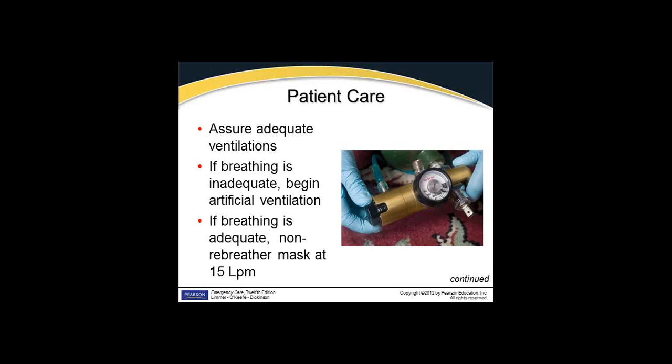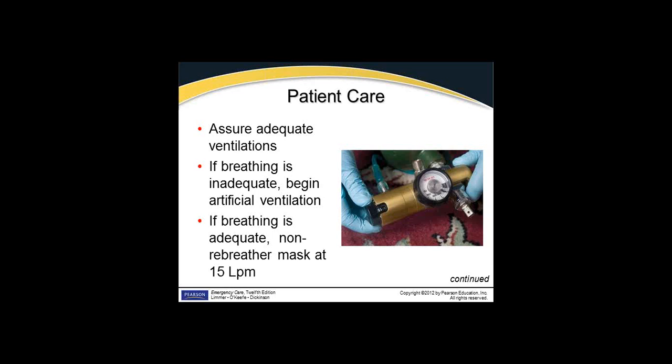If they cannot do this, then you have to ventilate them. If you can get away with not ventilating them because their respiratory efforts are sufficient, then you need to consider putting them on some sort of supplemental oxygen. In most cases, if the patient's complaining of difficulty breathing, we want to consider a non-rebreather at 15 liters per minute.